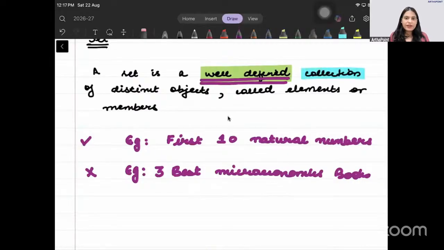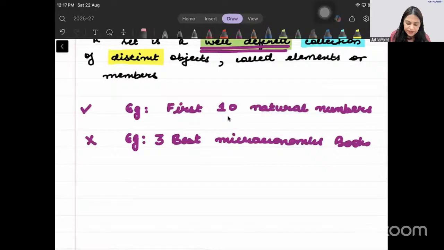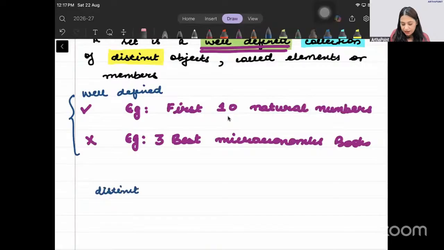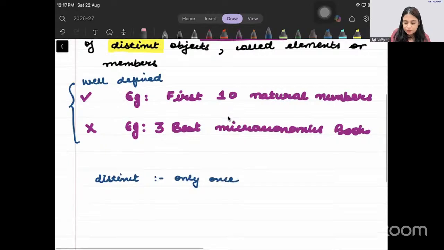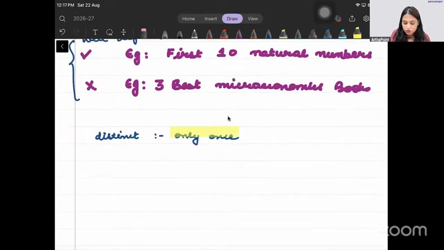It is a collection, but it also has to be distinct objects. Distinct means that every element must come only once. Every element should come only once. We don't have to write them twice.